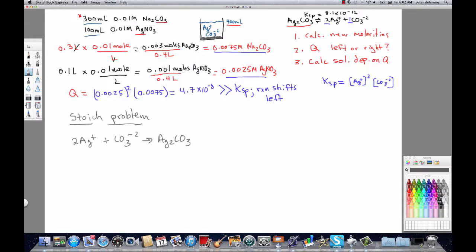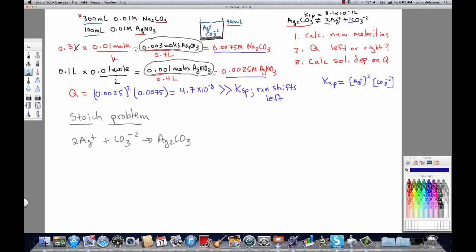Now, the way I set this problem up originally, when we calculated our new molarities, is I broke these down into steps deliberately so we could come back here and collect the moles of each one of these things that we've got, because I anticipated we were going to have this issue with the limiting reactant.